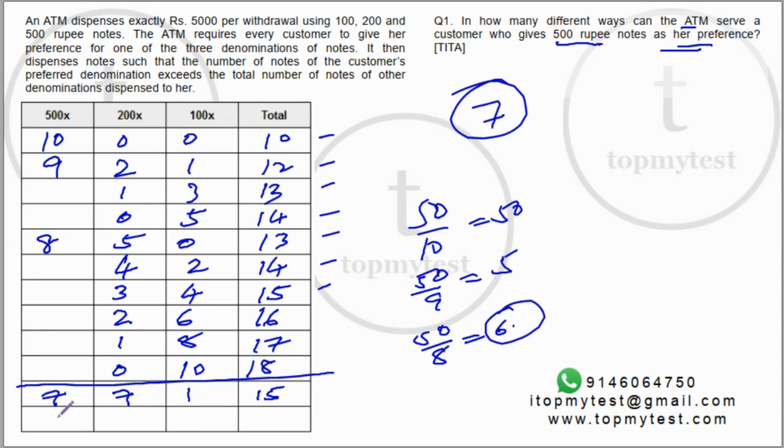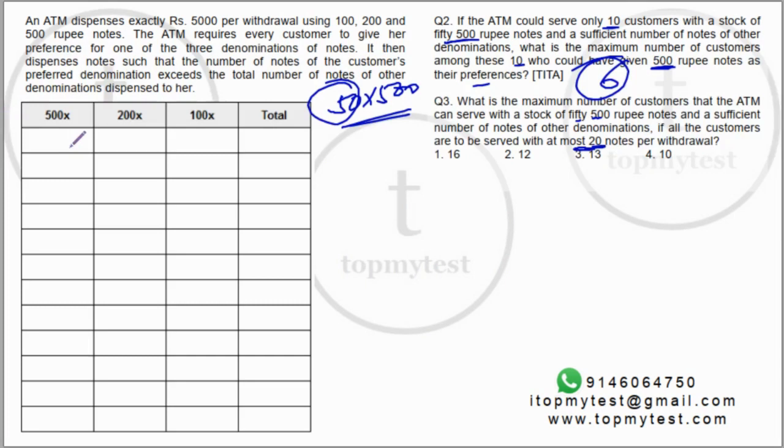This will be 20. If I go with 6 notes, the minimum amount required will be 3000. So 3000, balance is 2000. So I can do it with 10 notes, that is 16 notes. With 5, that's 2500. I can do it with 12 and 1.